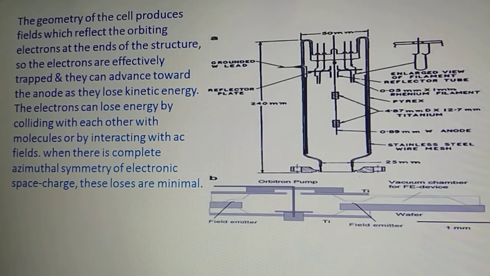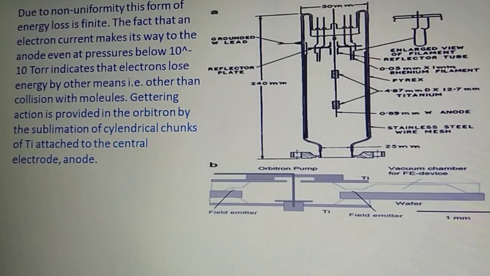So when there is a complete azimuthal symmetry of electronic space charge, then the loss of energy is minimal, I can say.